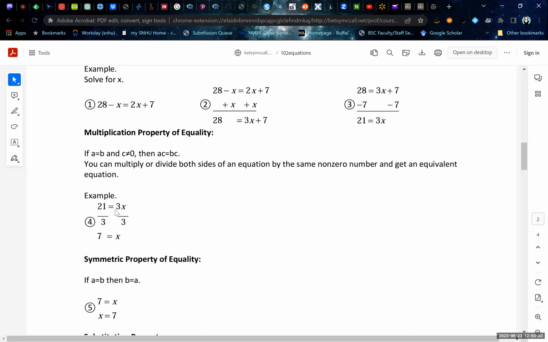So here I want to get x by itself, so I'm going to divide by 3, or you can think of this as multiplying by 1/3. That's going to cancel the 3's because 3 divided by 3 is 1. So I get 1x. And on this side, if I divide 21 by 3, I get 7. So now I've actually solved this equation because I have x on one side equal to a number.